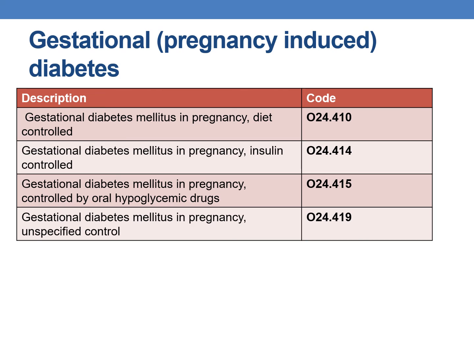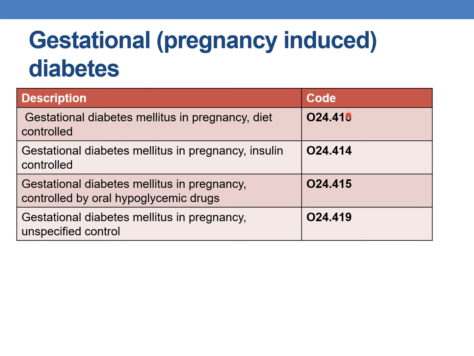Now coming to the various codes of gestational or pregnancy-induced diabetes. Here trimester specification is not given because gestational diabetes occurs in the second or third trimester of the pregnancy. Hence the codes are further divided based on the control. If gestational diabetes mellitus in pregnancy is diet controlled, the code is O24.410.